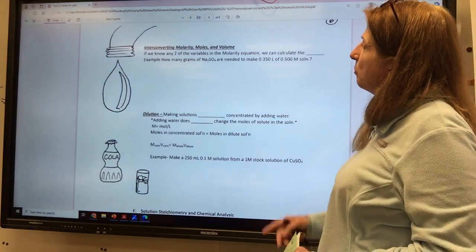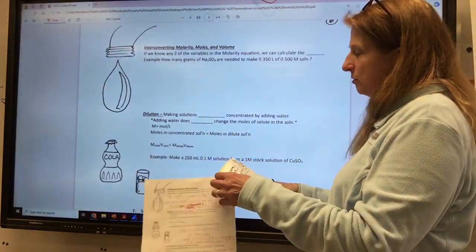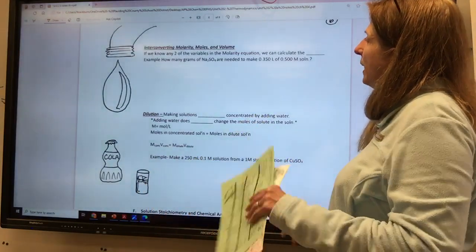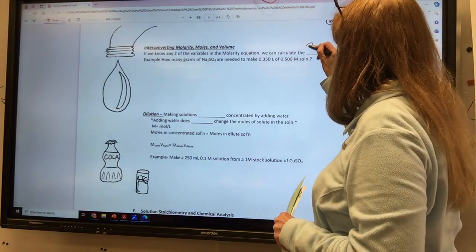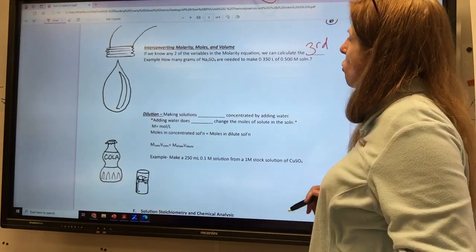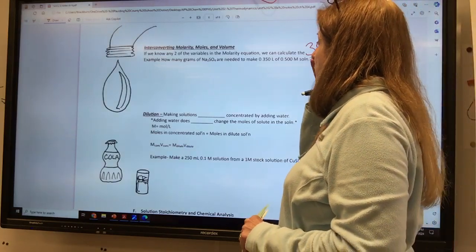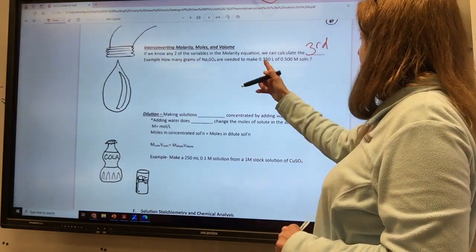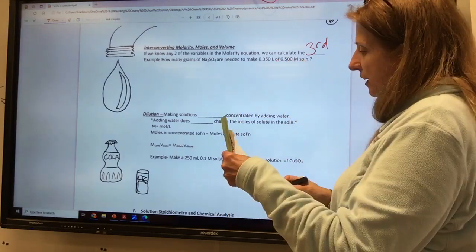Enter converting molarity, moles, and volume. Okay? If we know any 2 variables in the molarity equation, we can calculate the third. Yay, math. For example, how many grams of sodium sulfate are needed to make 0.350 liters of 0.5 molarity solution?